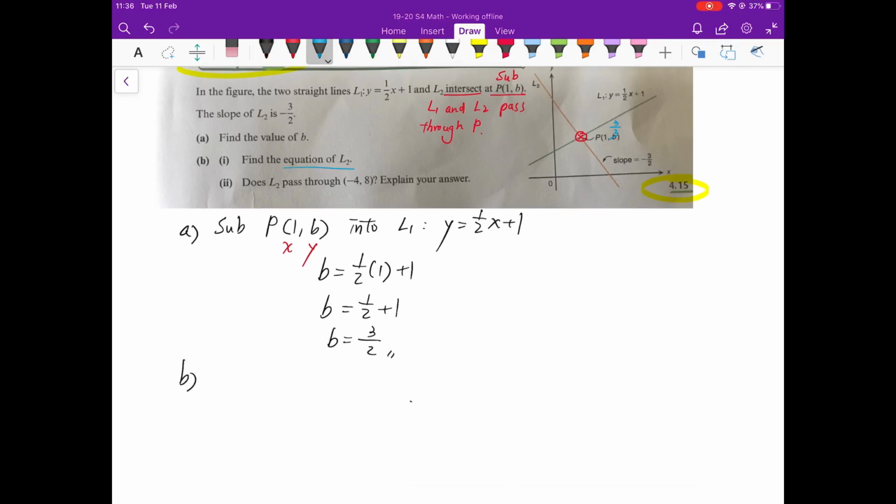Then for part B, it asks you to find the equation of L2. It is given that the slope of L2 is negative 3 over 2. So that means m equals negative 3 over 2, while the coordinates of P are already known.